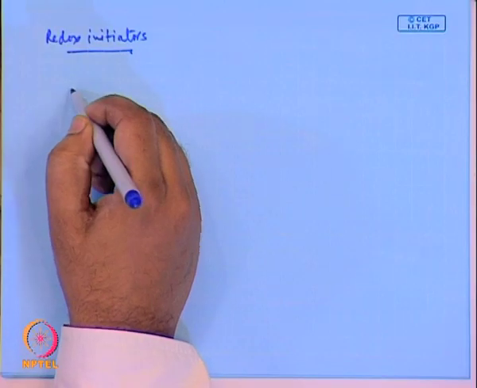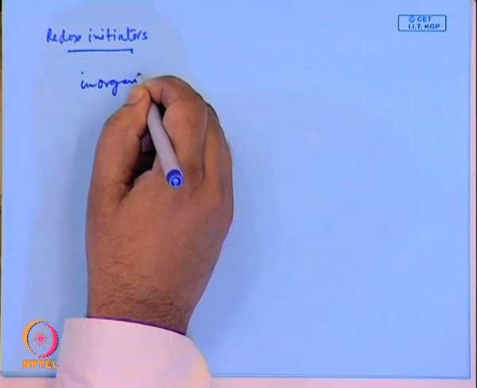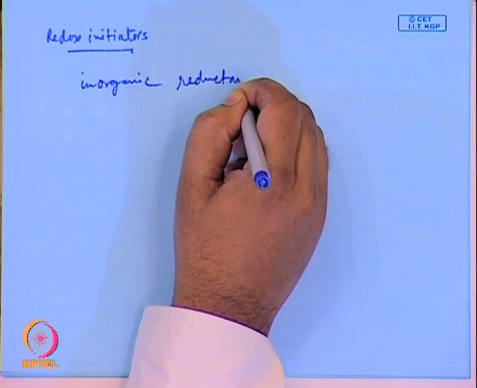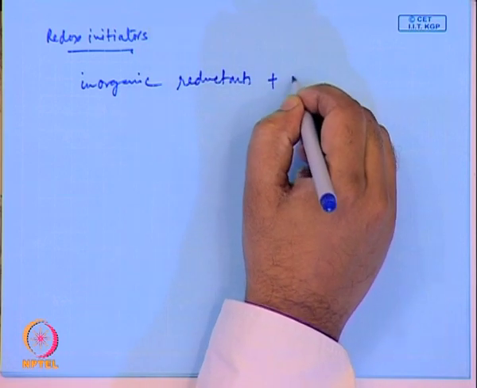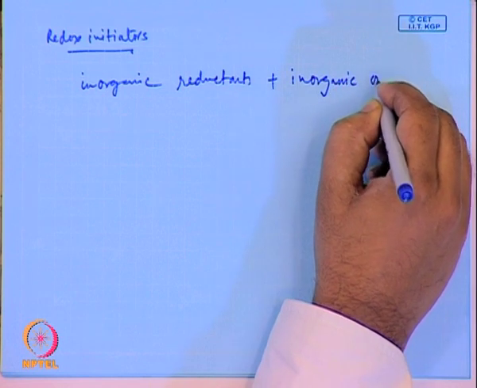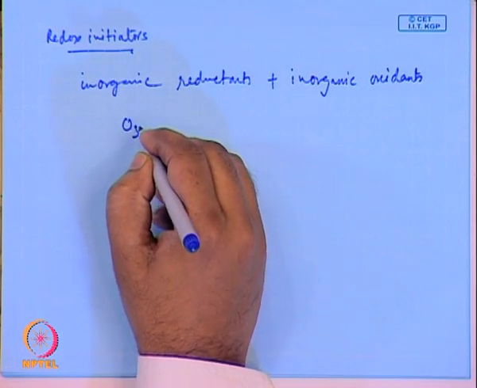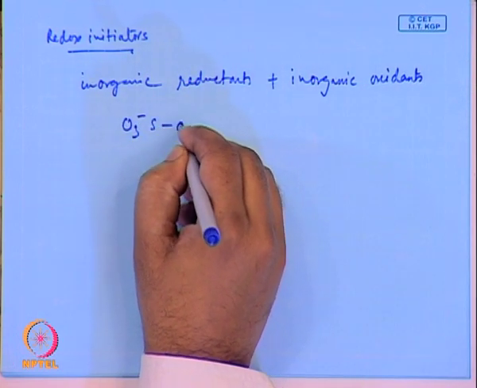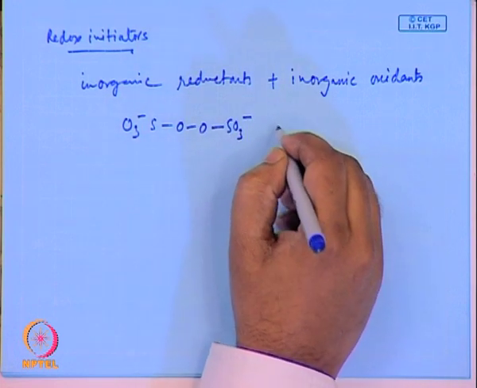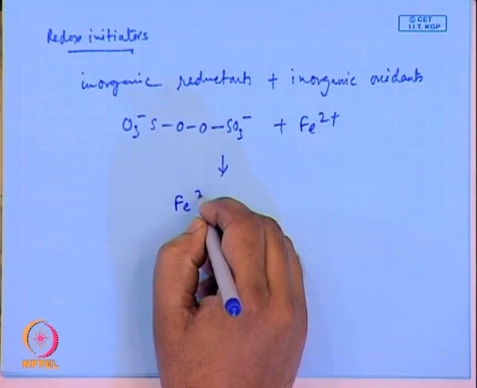The third type of redox initiator could be inorganic reductants plus inorganic oxidants, which gives rise to radicals.